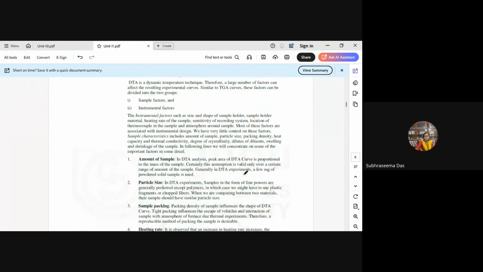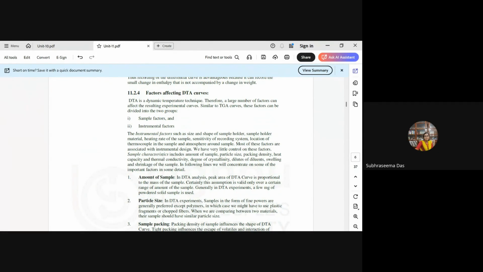Then what are the various factors that affect the DTA curves? DTA curves are influenced by basically two types of factors. One is the sample factors, similar to that of TG, and second is the instrumental factors.